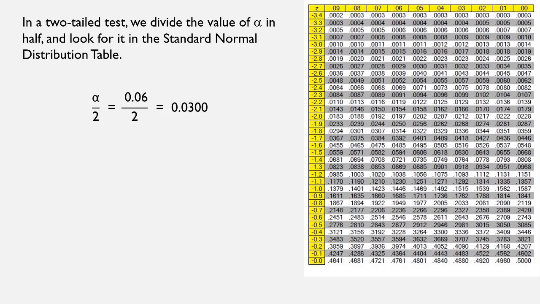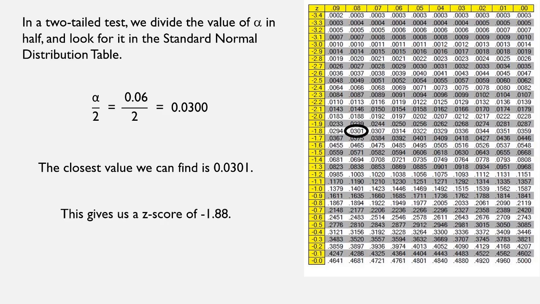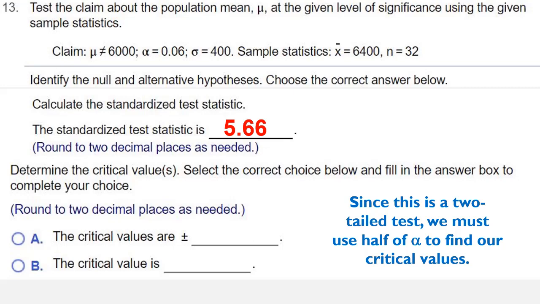We look for that on the standard normal table, and we don't find it. The closest value we can find is 0.0301, which gives us a z-score of negative 1.88. But remember, with the two-tailed test, we always get symmetric z-scores. So the critical values here are going to be plus or minus 1.88.